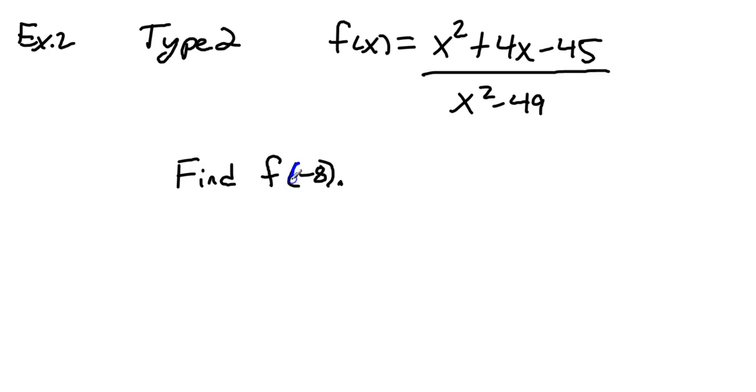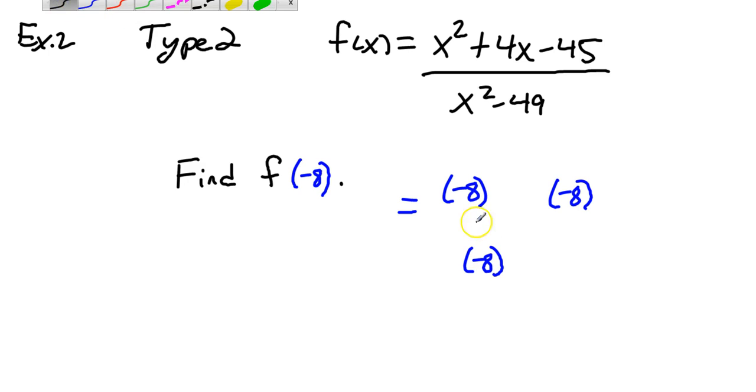Okay, so everywhere you have x, you're going to take out the x and you're going to plug in negative 8. So for this one, if we do f of negative 8, that's going to equal negative 8 squared, 4 times negative 8, over negative 8 squared.